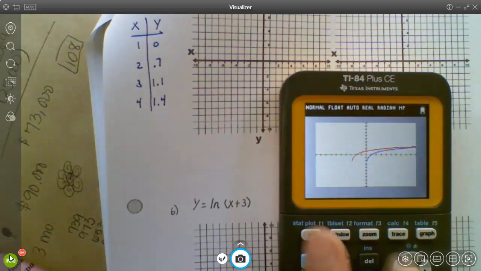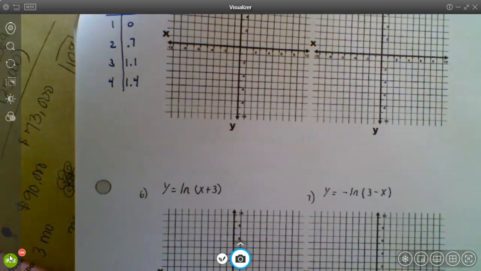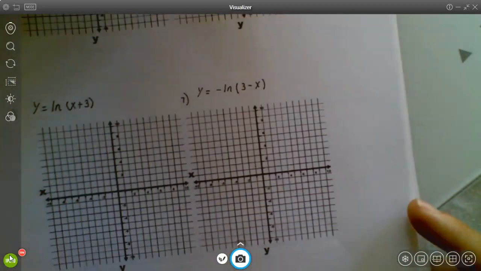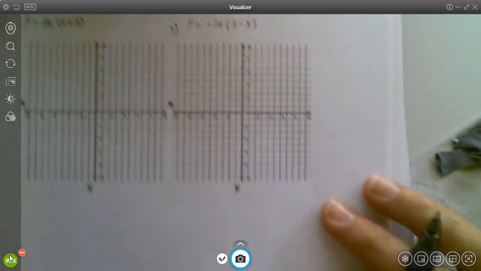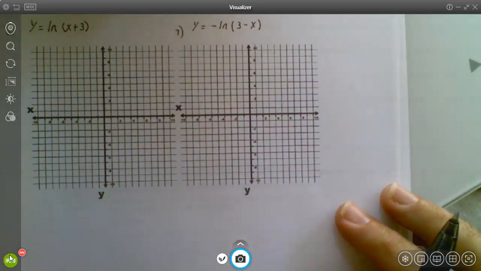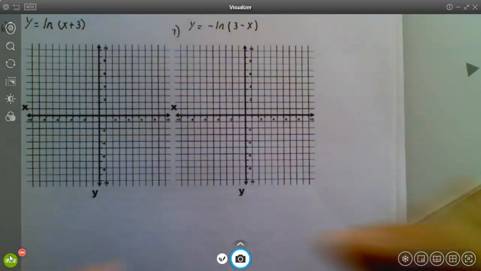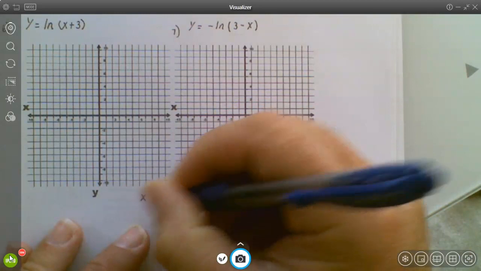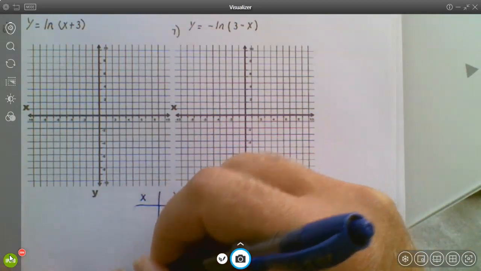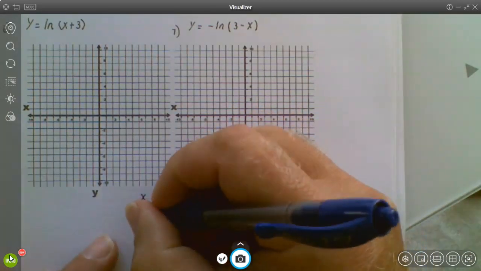That one's real similar to what we've already been doing, so I wanted to get into this last one, because here's where we're throwing in a couple of challenges. So I'm going to see if I can squeeze in my table from up above. Here's my 1, 2, 3, 4.